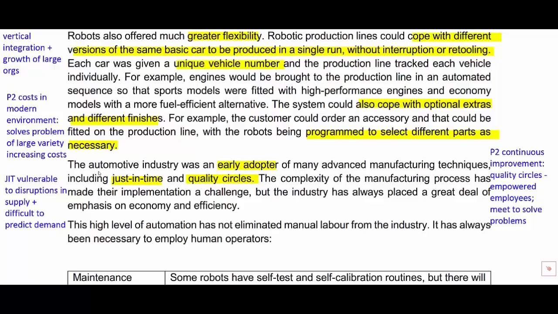But if there is a disruption to a supply, it means everything grinds to a halt because there's no stock of inventory to bring up to replace the missing parts. So that is one vulnerability for sure.